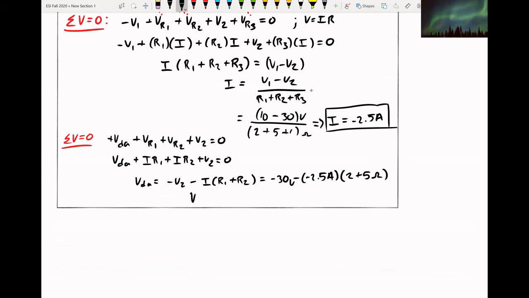And this would give us a value of VDA equal to 12.5 volts, and it's going to be negative.